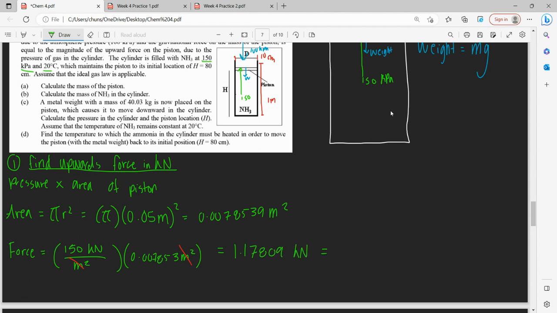And let's just turn this into regular newtons, which is 1,178.097 newtons. So that's the first part of our question.